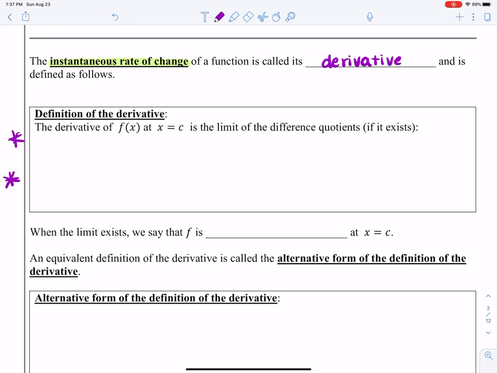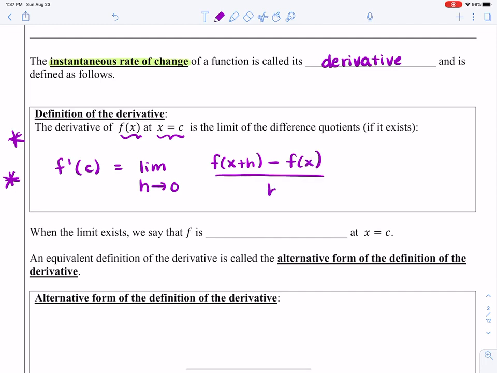Symbolically, a derivative of f of x at a point x equals c, which we'll call f prime of c, is equal to the limit as h approaches 0 of f of x plus h minus f of x all over h.